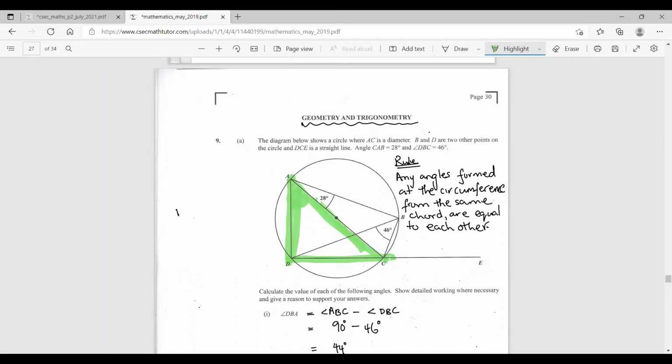So inside here, an angle was created, and another angle was created on the same chord here. So these two angles that were created at the circumference from the same chord are equal to each other. Therefore, angle DAC will be equal to how much?